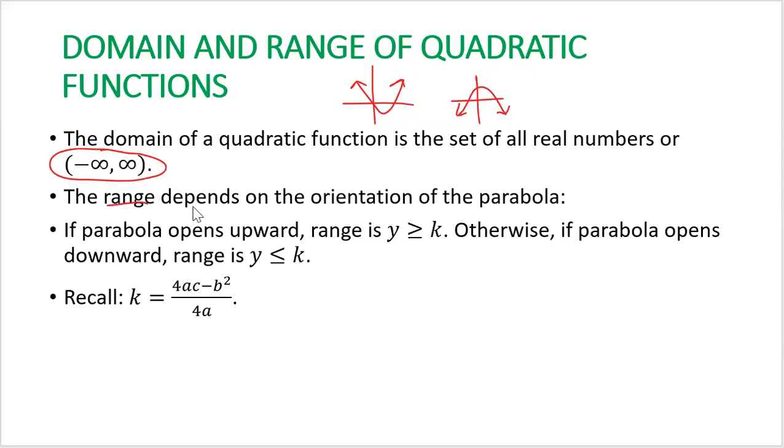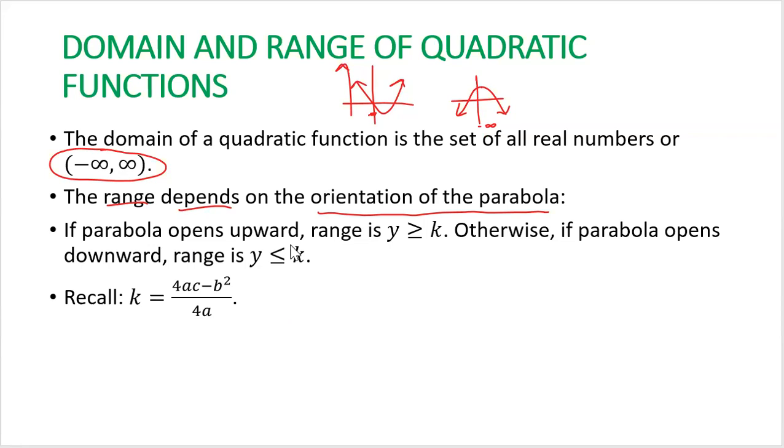However, the range would depend on the orientation of the parabola. So the range will be from the y coordinate of the vertex going upward if the parabola opens upward. While if the parabola opens downward, then it's going to be negative infinity up to the y coordinate of the vertex.